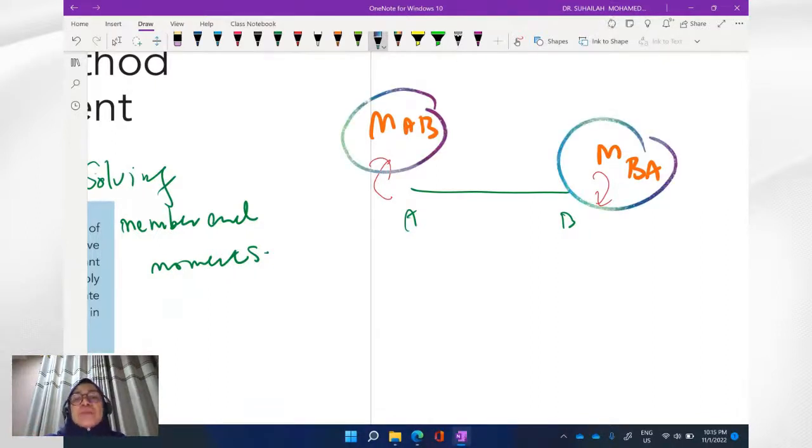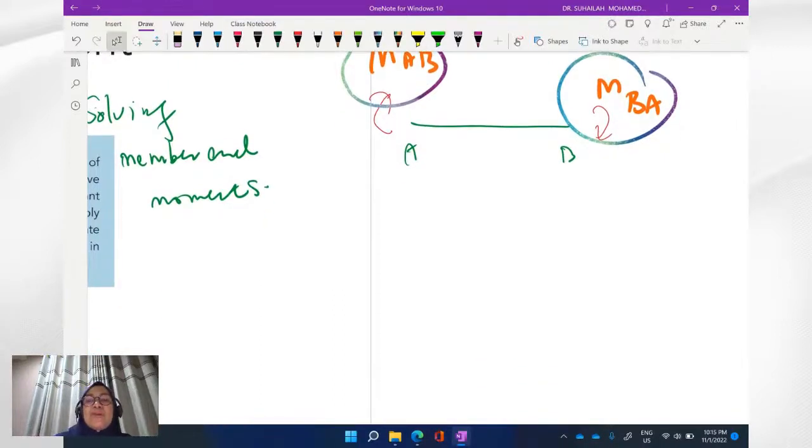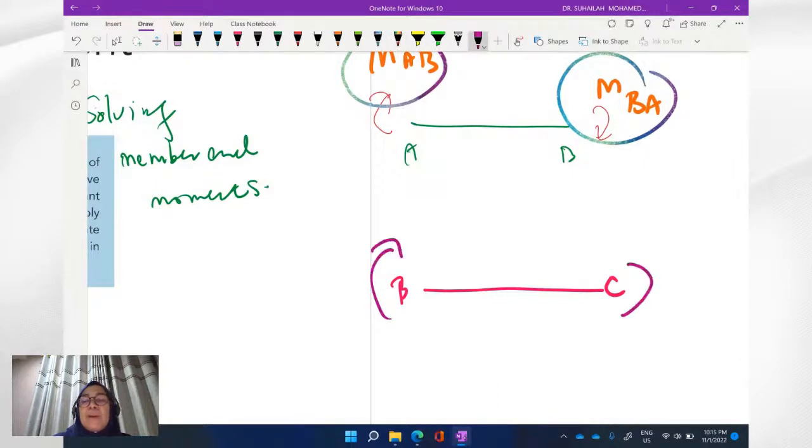So if we have, for example, member ABC, a beam with 3 elements or 3 members, we will have member AB and then member BC. For member BC we have member end moments, so this is MBC, this is MCB.